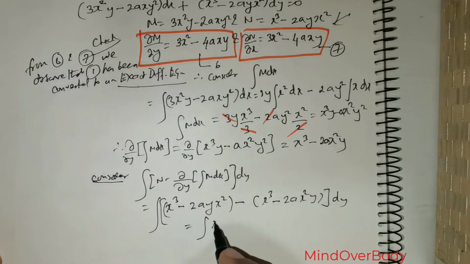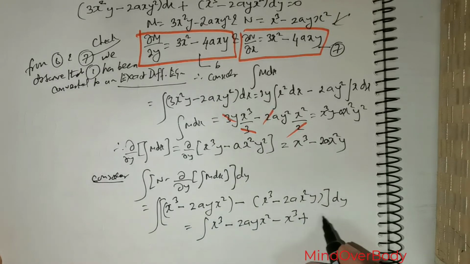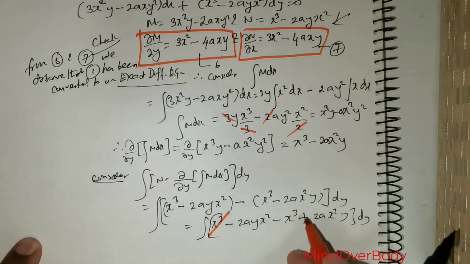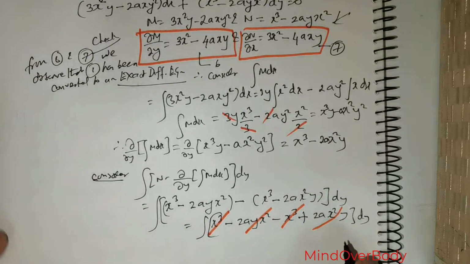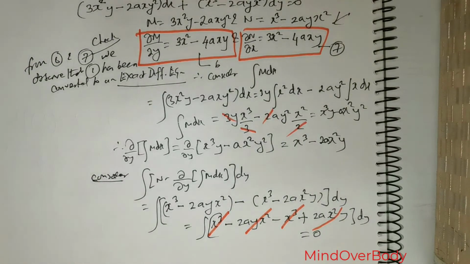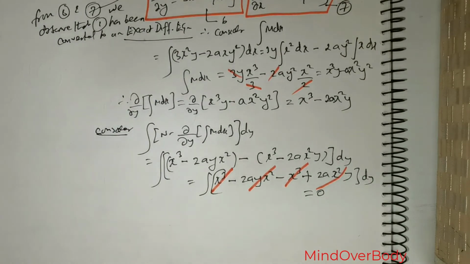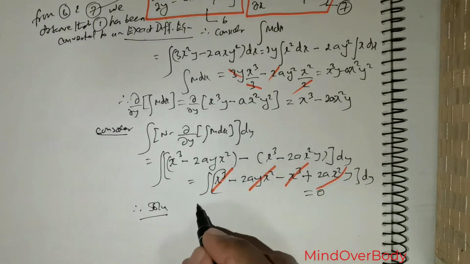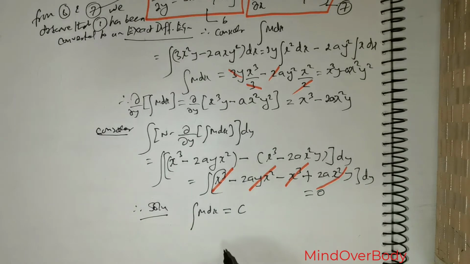This can be rewritten as x to the power of 3 minus 2ayx squared minus x cubed plus 2ayx squared times dy. Now clearly positive x cubed, negative 2a x squared y, positive 2a x squared y can be cancelled, giving me a 0 there. So therefore the solution is integral M dx is equal to constant c.